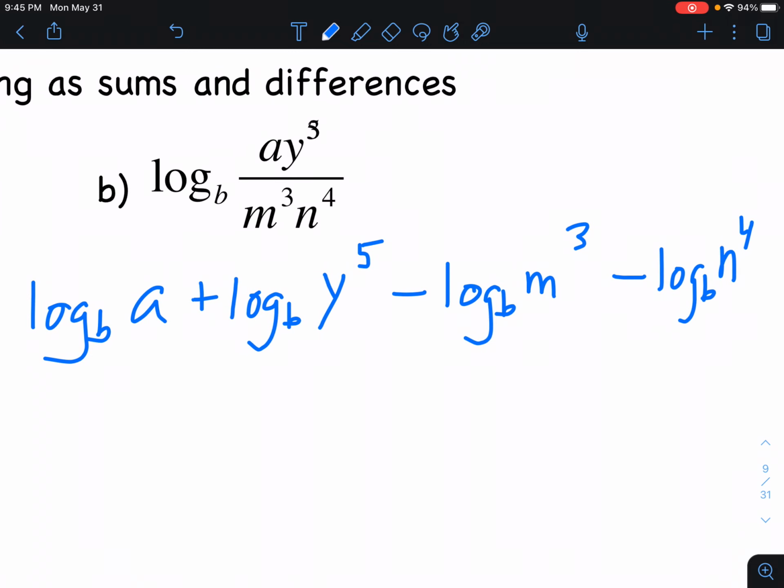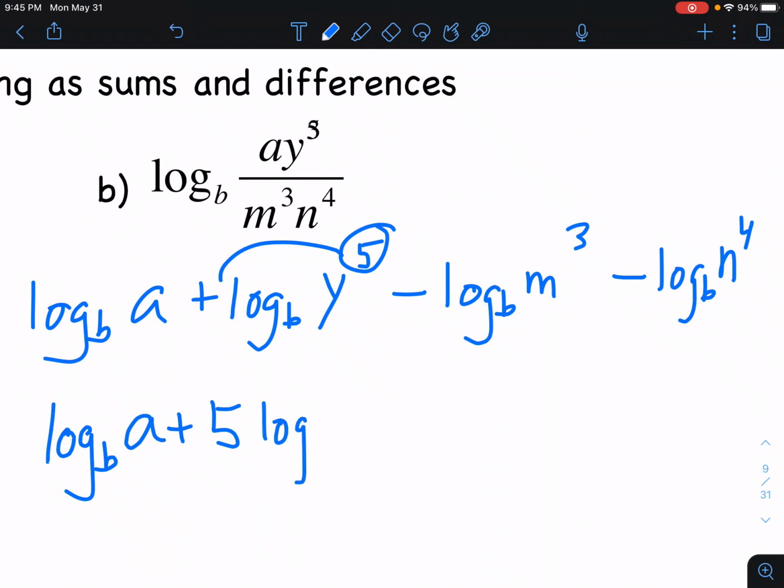Okay, now let's clean some things up. The first log here with the a, you can't do anything there. There's no exponent to move out in front. No properties to use there. Just bring it down. The second one with the y to the 5th, let's move that exponent 5 out in front. So plus 5 times log base b of y.